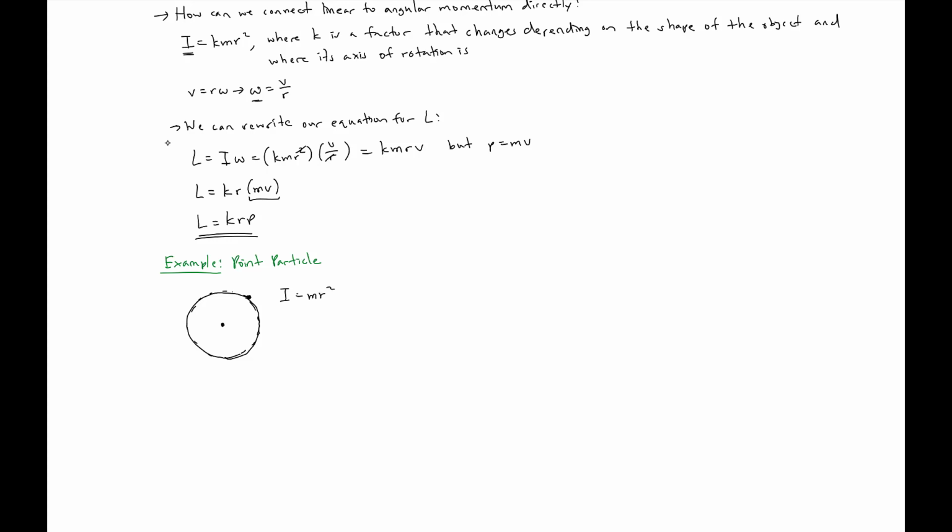And that means our k is simply equal to 1. So that's going to make our equation for angular momentum that much easier. This means that L is equal to 1 rp, or just rp, for a point particle.